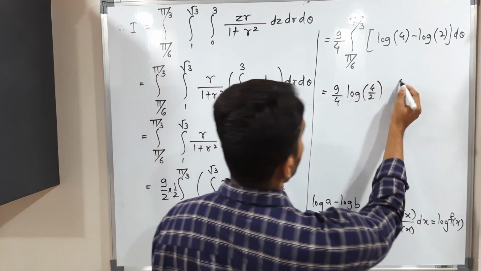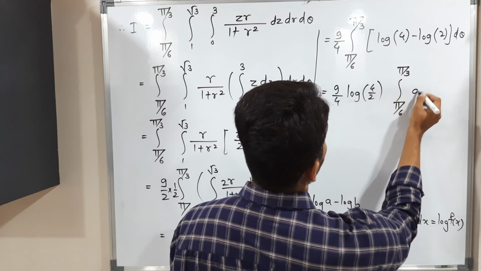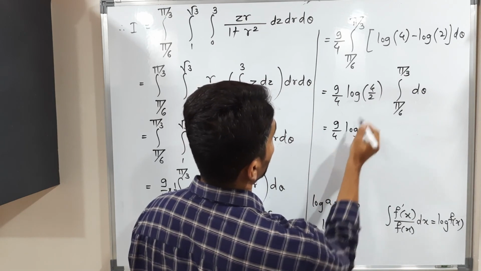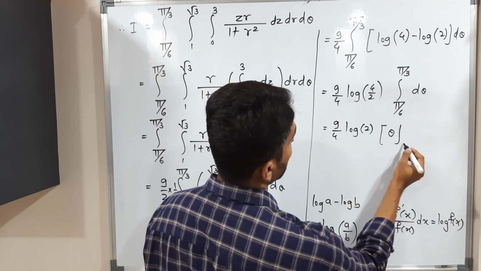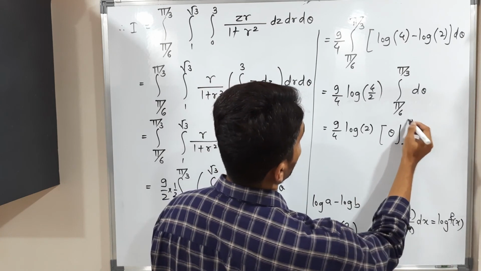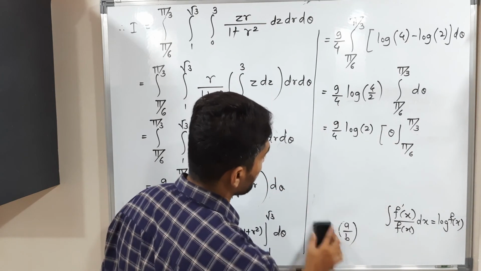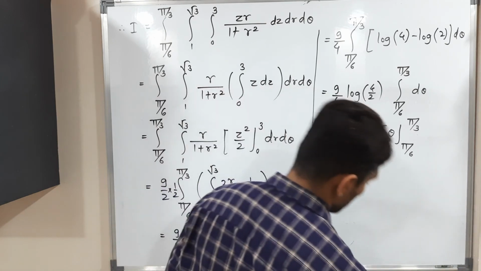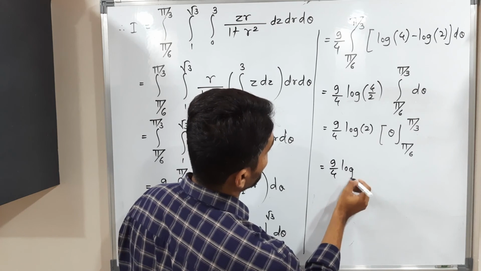So in the integration we have simply pi by 6 to pi by 3 d theta. So this is 9 by 4 log 2 to cancel log 2, integration of theta d theta is theta, pi by 6 to pi by 3. Okay, I will remove this formula. We have used it, it is not required now. So this is equal to 9 by 4 log 2.